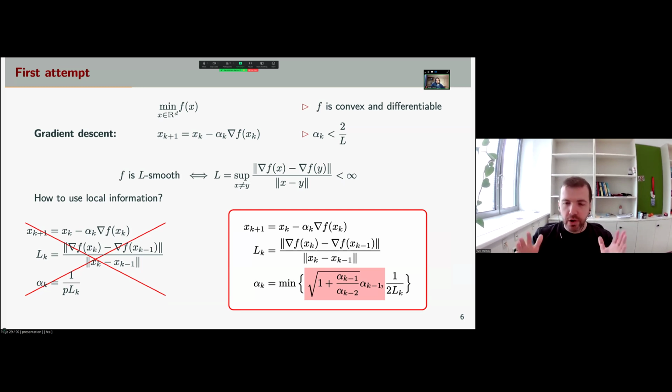You have this strange thing, 1 plus square root of 1 plus something, the ratio of the previous one, and this is how much you can increase. And the second term, 1 over 2 L_k, is basically the same as on the left-hand side, with p equal to 2. So it is exactly the same as before, plus some control over how fast the step size can change from one iteration to another.